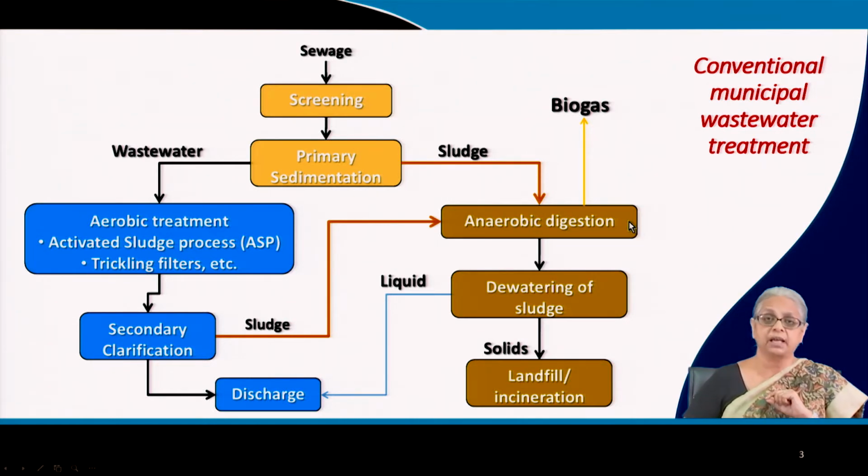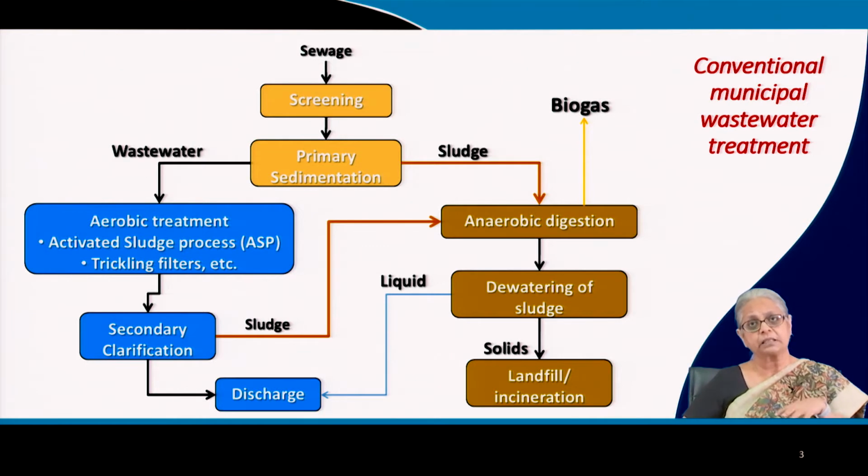In the last few decades, people have been working on making the anaerobic digestion process more and more efficient so that a good amount of biogas is generated and it is then utilized for either heating of the premises or generating electricity and so many other applications. So this has become a very big part of the objective of anaerobic digestion.